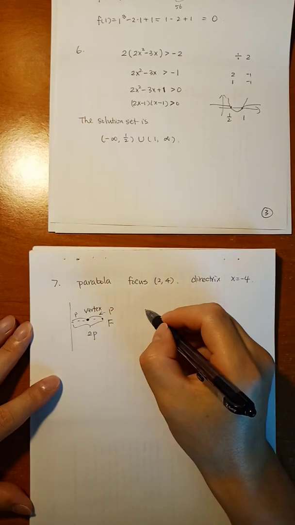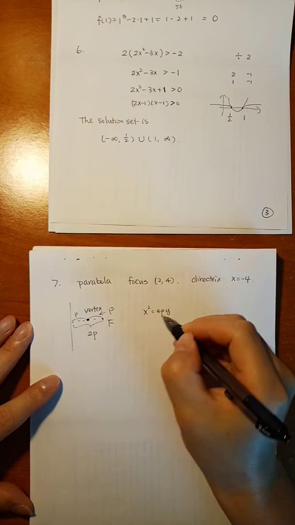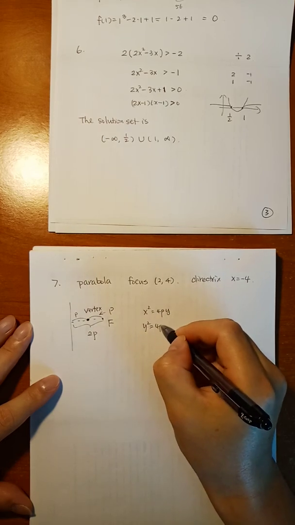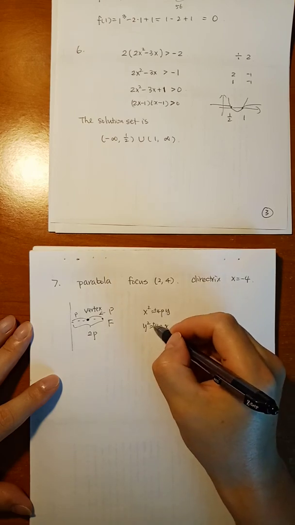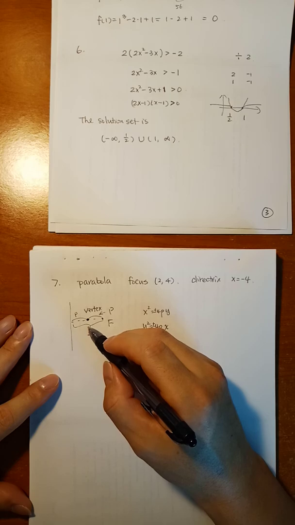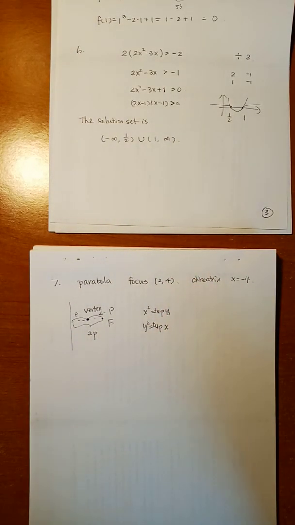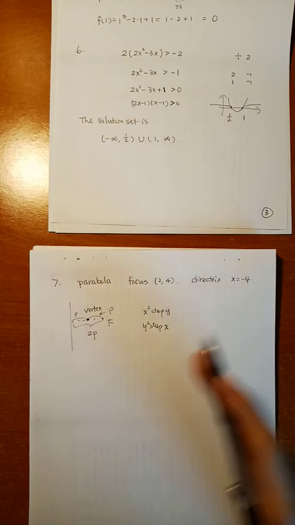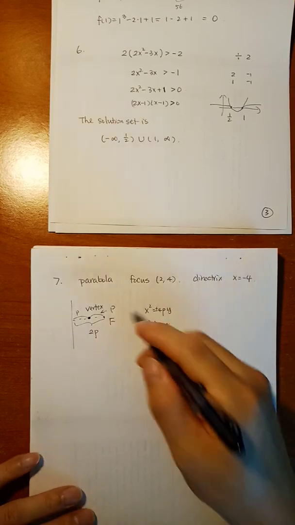The standard equation is something like this, plus or minus. They place the vertex at the origin, and then we can move this vertex, translate this vertex. Okay, so here, this is the geometry.